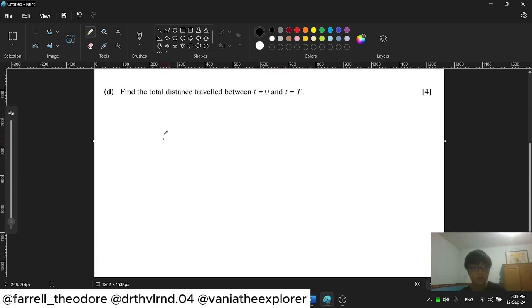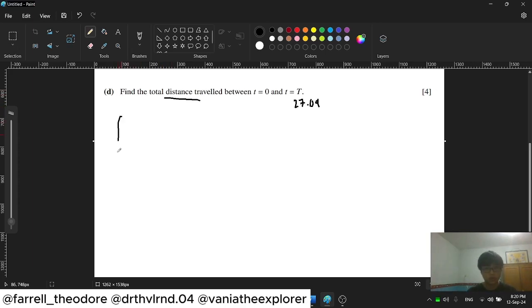Finally, D. Find the total distance traveled between t equals 0 and t equals capital T, which is 27.04. So we will be using limits, and because distance is the integration of velocity, and there are two parts, we will be using two different equations.